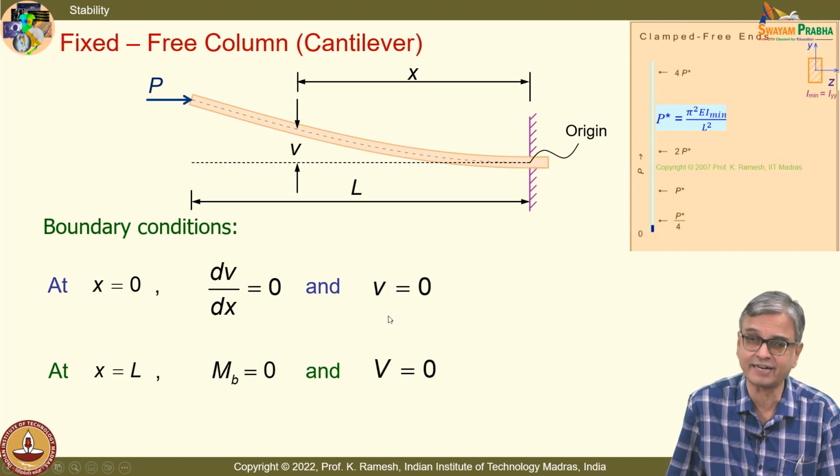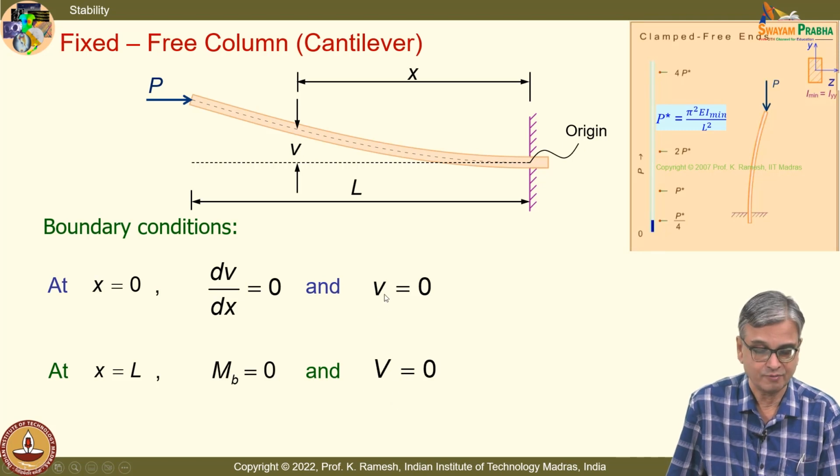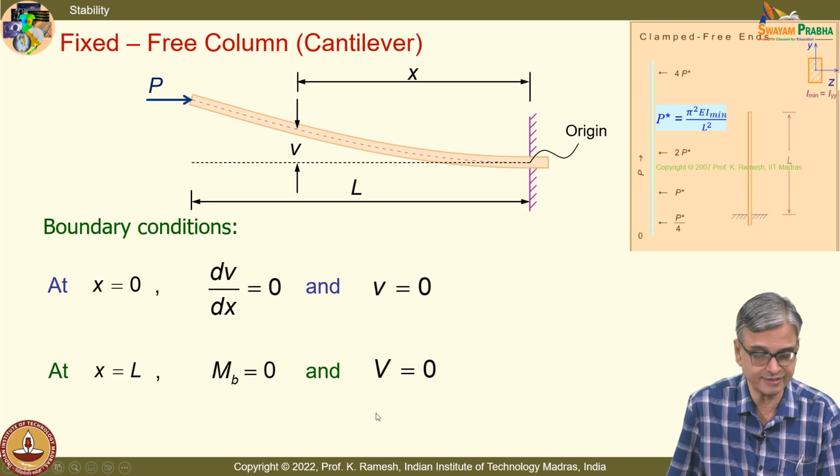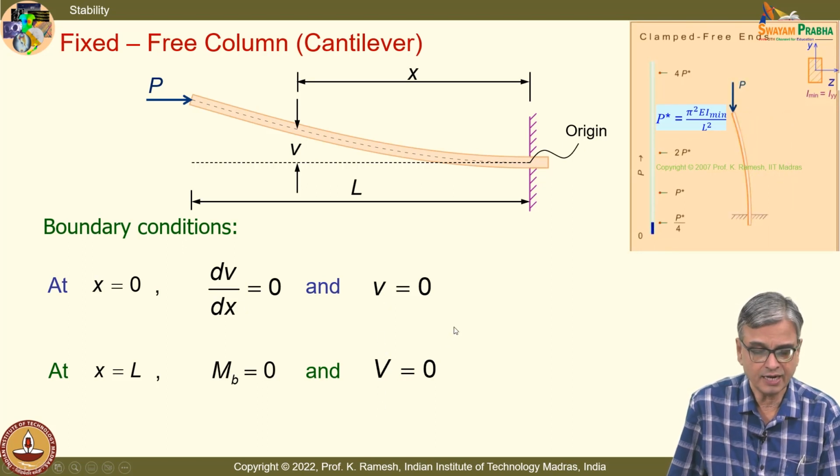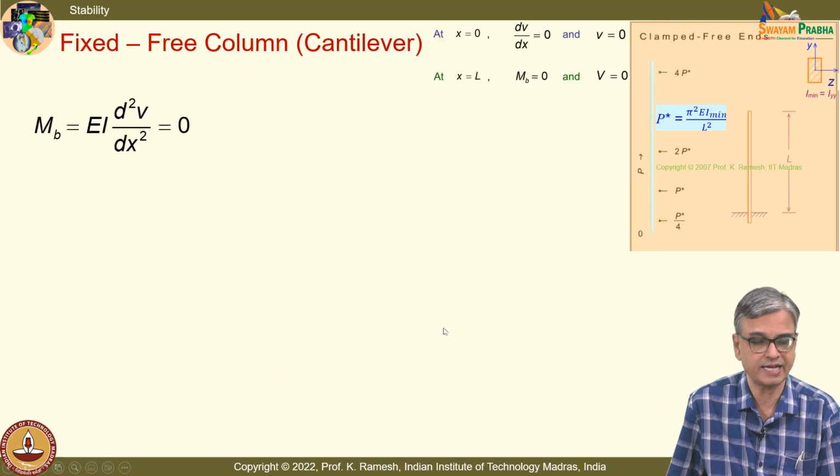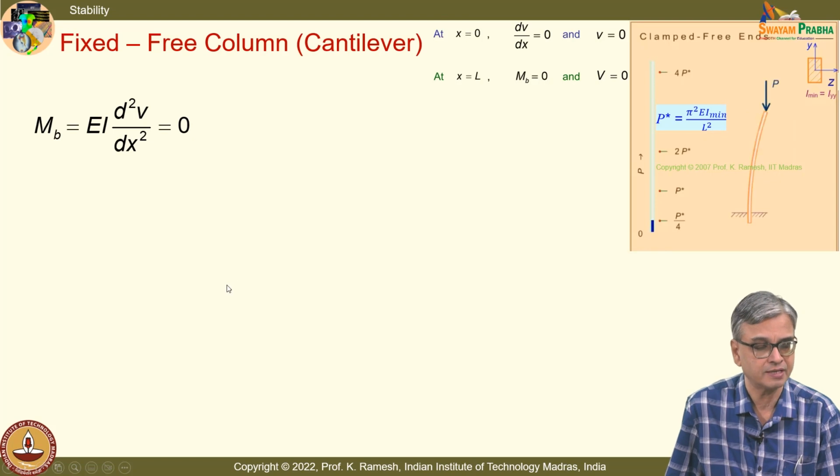Please understand, when you write, make the distinction between small v and big V. While writing it in the computer, I can do this easily, but you must make the distinction. Now you apply the boundary conditions and solve. I have MB equal to 0, that tells me EI d squared V by dx squared equal to 0.